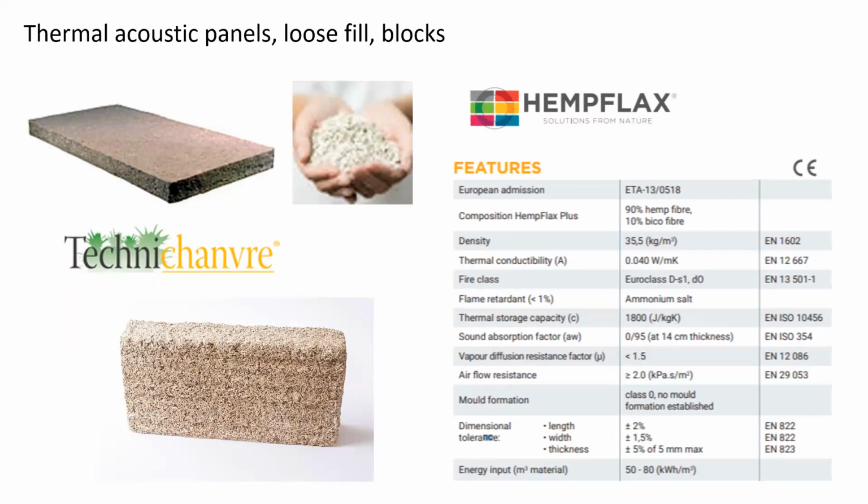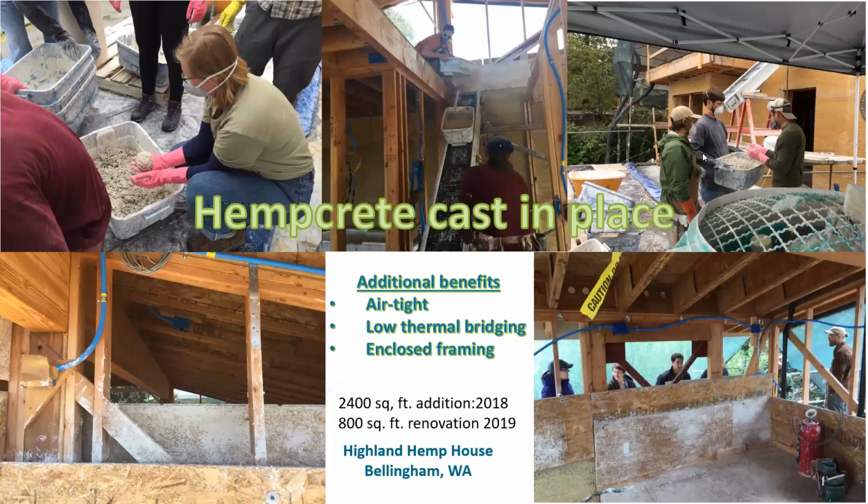This screen is just a couple of European examples of ways to use the inner core of the hemp plant. But what I became involved in is using the inner stalk of the plant along with lime to make a monolithic wall system that is packed into forms and ends up regulating temperature and humidity and being made of very simple ingredients.